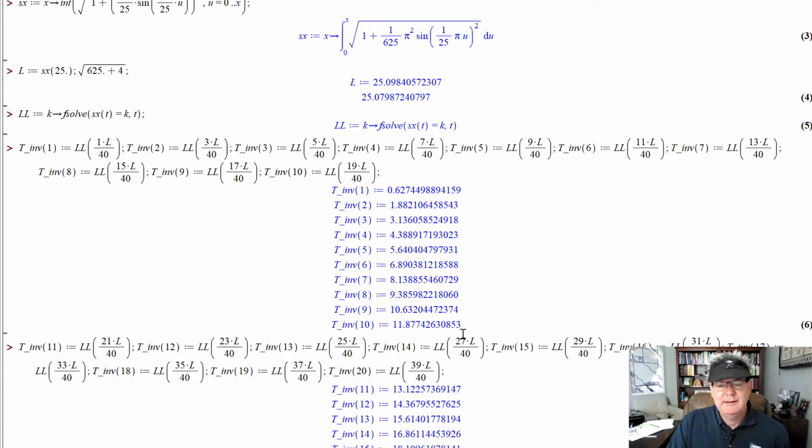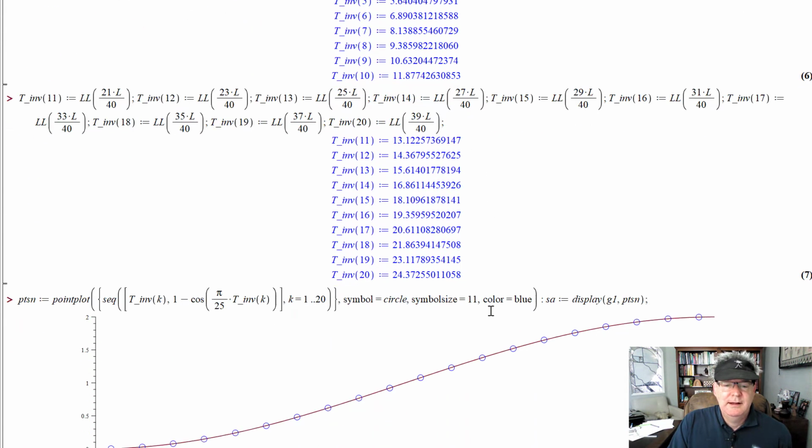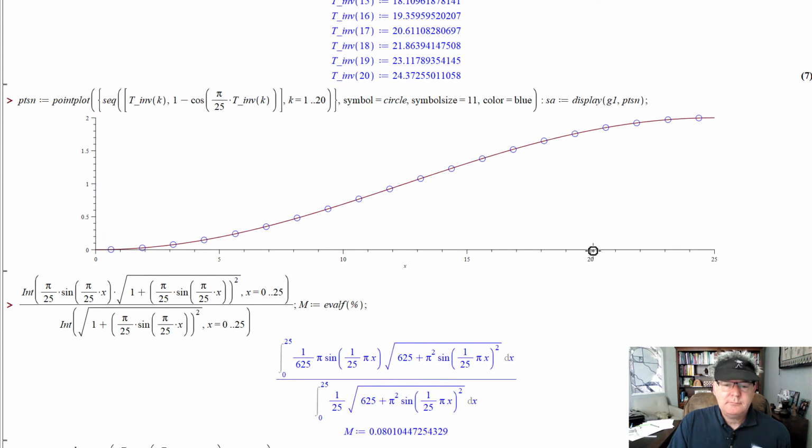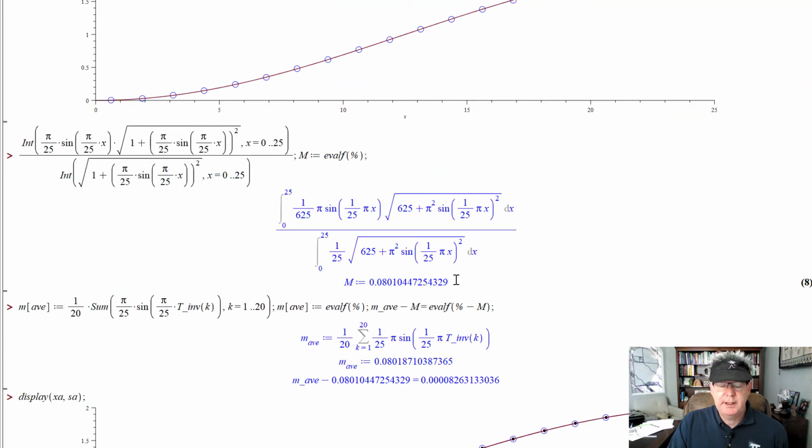So I did find the midpoint of the 20 lengths and plotted them.